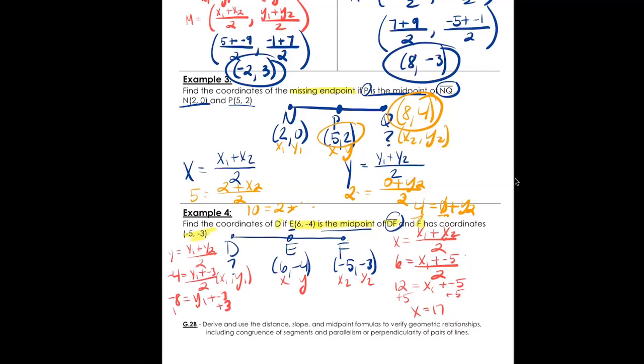Add 3 to both sides because that's the inverse of -3. And we get -5 equal to Y1. So that means that my other endpoint, the answer is 17, -5.